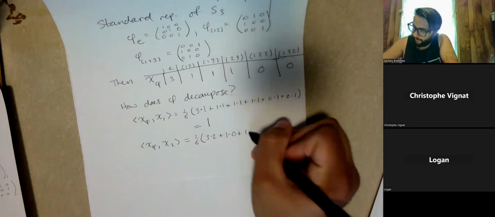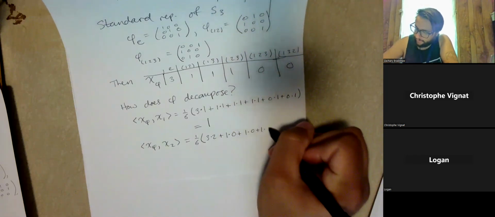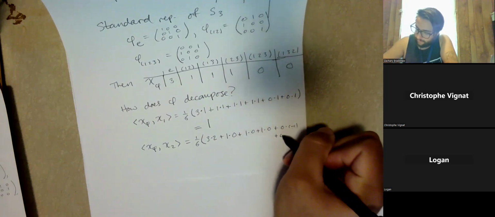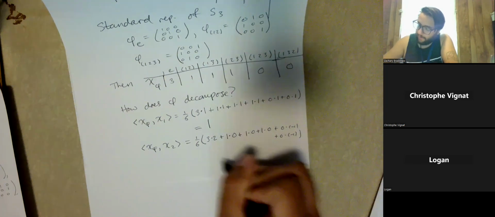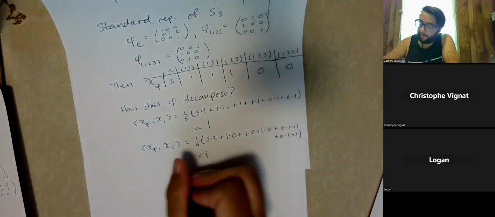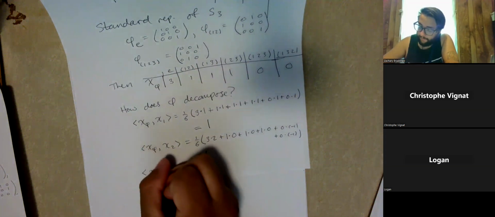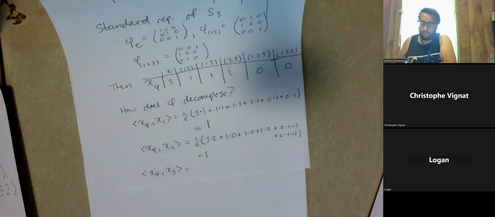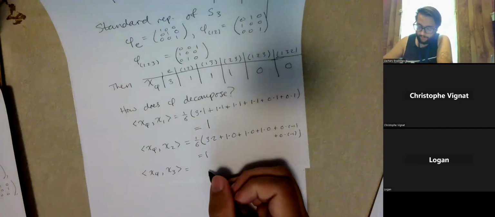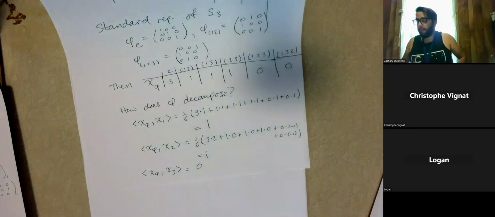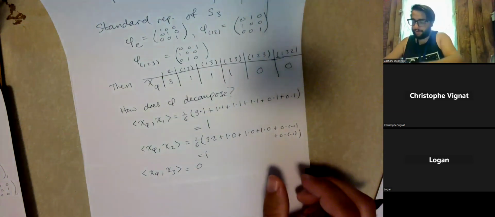And I'll, again, list the rest out. And again, we get 1. And then chi-phi with chi3. And I'll just tell you what this one is. This one comes out to 0.